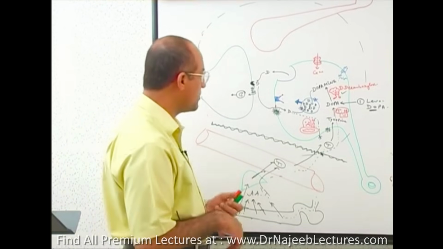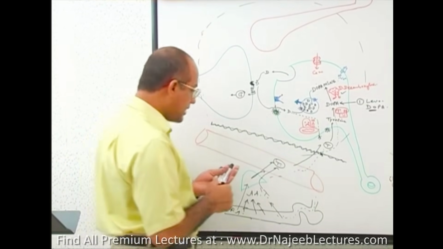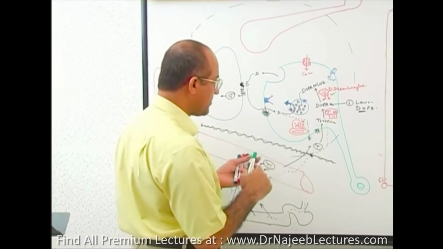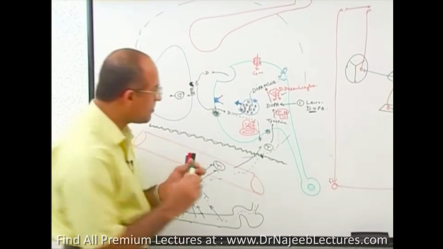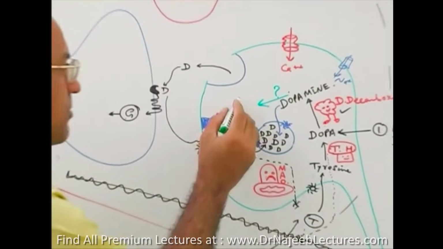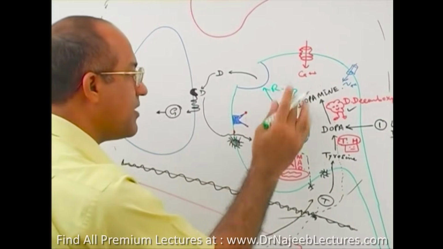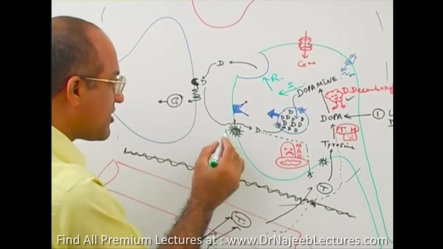Secondly, what else can you do? You can use some drug which can do three things at a time. Imagine a multi-strategy drug which somehow increases the synthetic pathway, somehow increases the release pathway, and somehow decreases the reuptake.